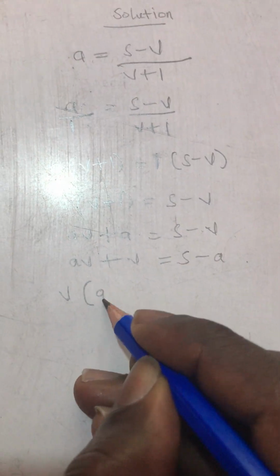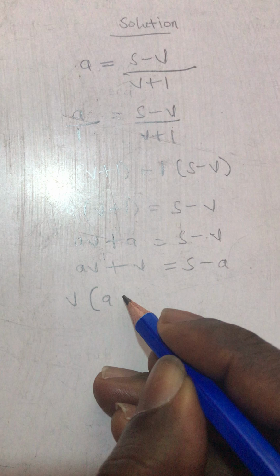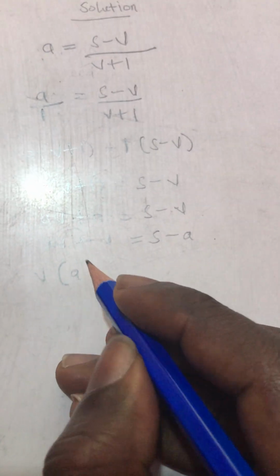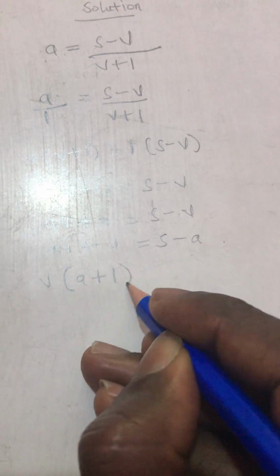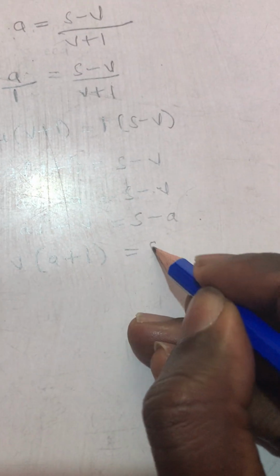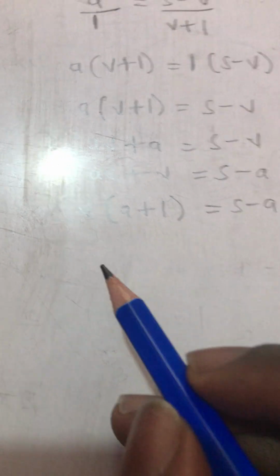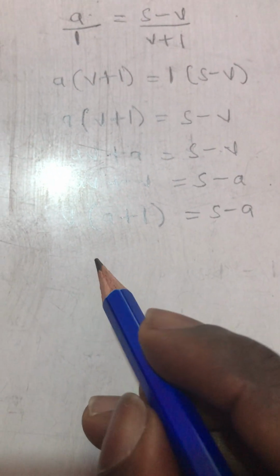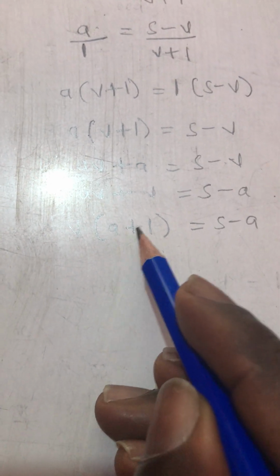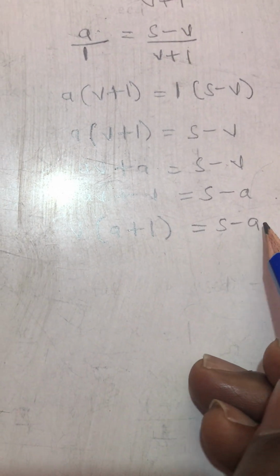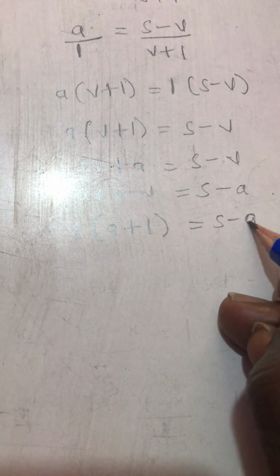That number is a. V will go into which number for us to get v, and that number is positive 1, right, equals s minus a. So we have our equation to be v multiplying, in brackets, (a plus 1) equals s minus a, right?